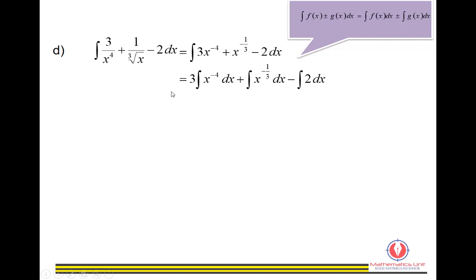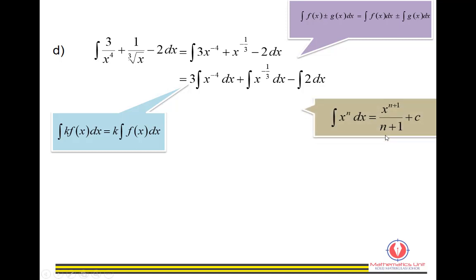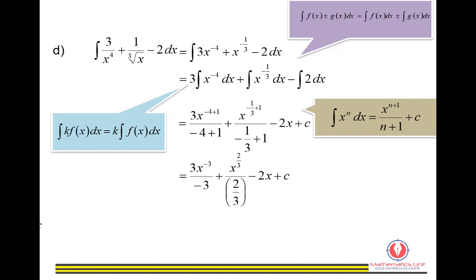In the first term, we can use the coefficient rule. By using the coefficient rule of integration, we can factorize 3. The second term and third term, we can integrate by using the power rule. Simplify the integral as negative 1 over x cubed plus 3 over 2 x to the power of 2 over 3 minus 2x plus c.